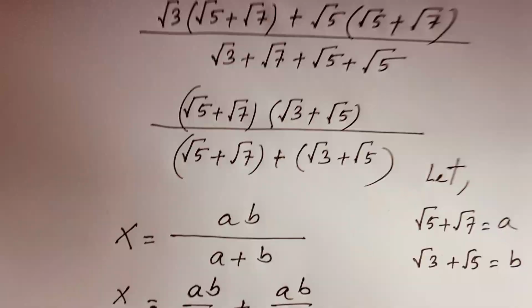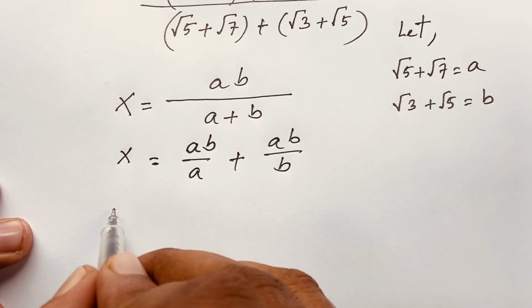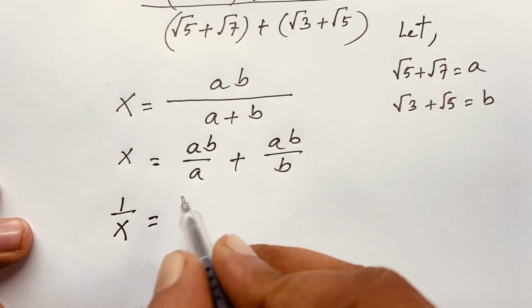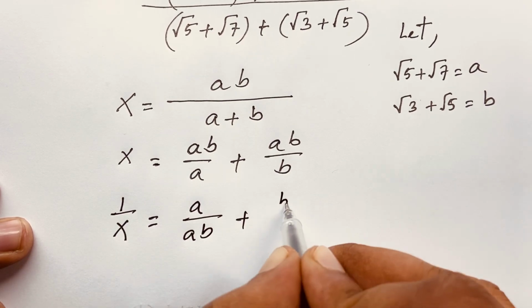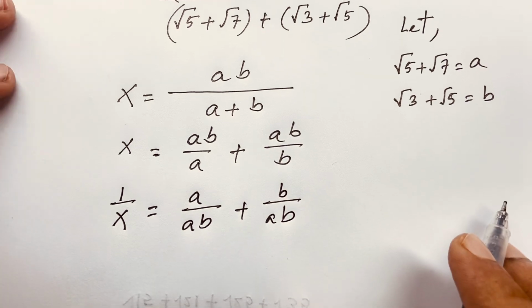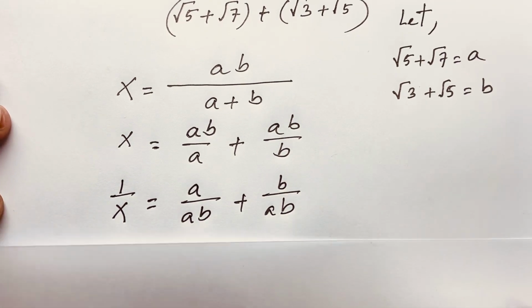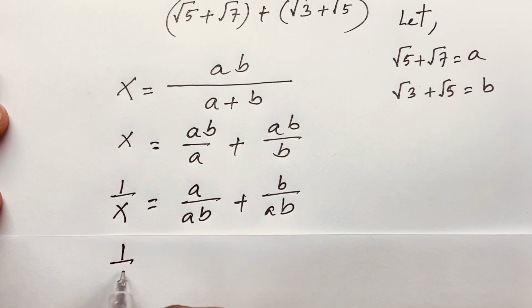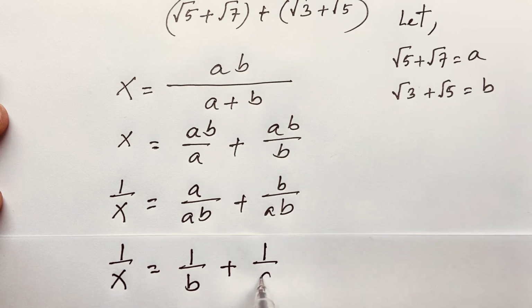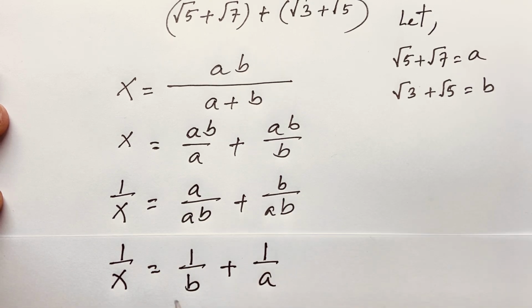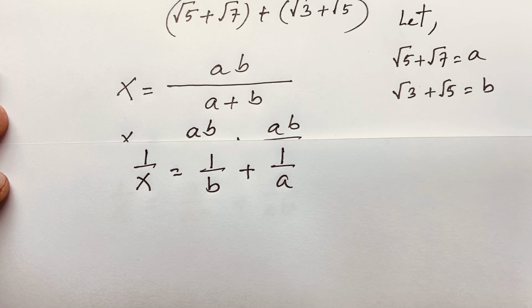Now you can see easily this expression, x is equal to, if I take the inverse, 1 over x, it will be a plus b over ab, which is a over ab plus b over ab. Now you can see 1 over x will be 1 over b plus 1 over a. If I cancel out this a and this b, we'll find that 1 over x will be 1 over b plus 1 over a.